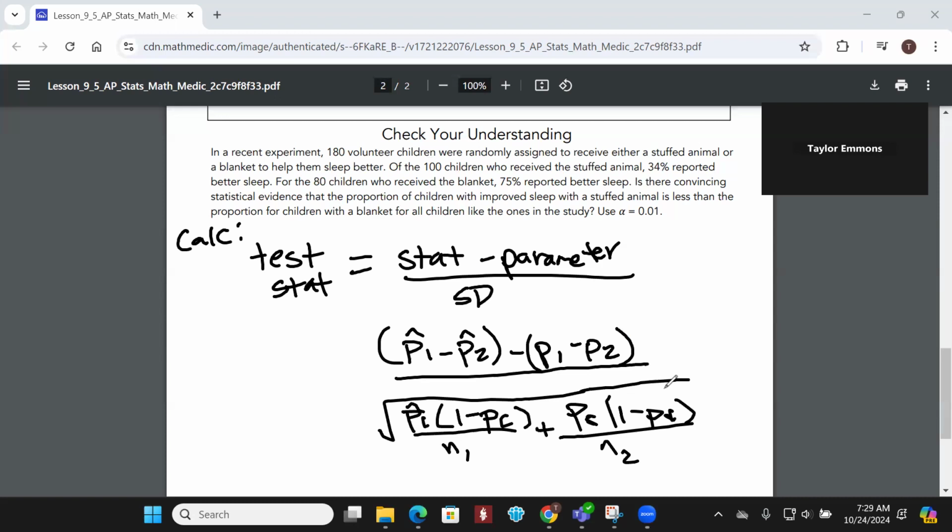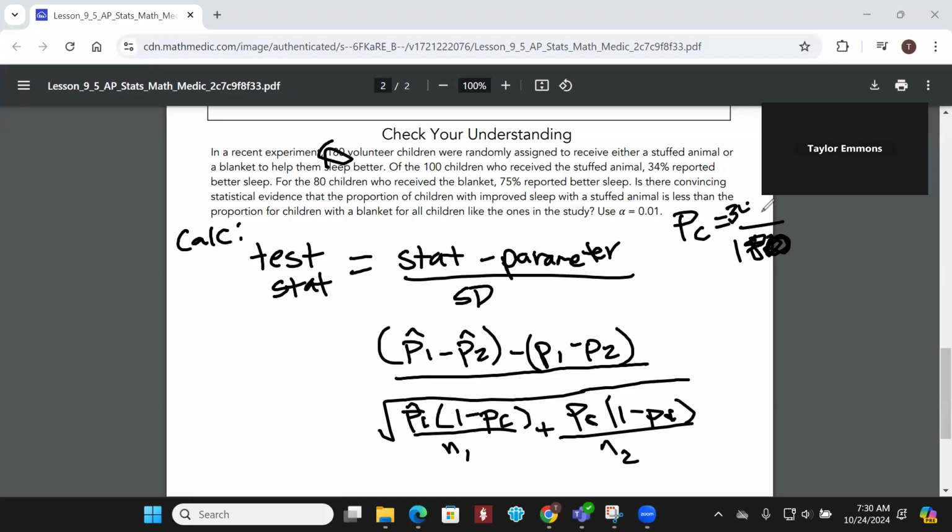Now, the combination of these two things, you have how many children in total? 180. So out of the 180, how many had better sleep because of the stuffed animal? 34.